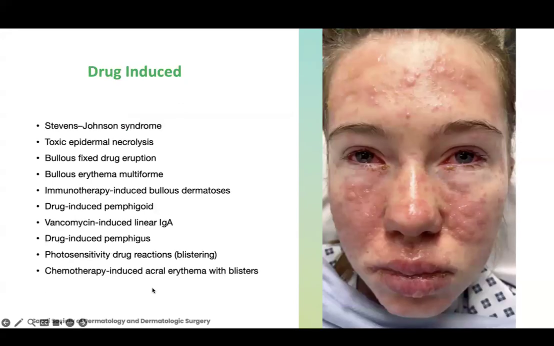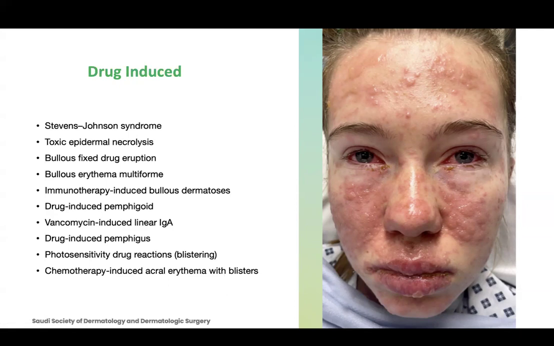There is also drug-induced blistering. The most common and dermatologic emergency one is Stevens-Johnson syndrome and toxic epidermal necrolysis. As you can see here, it involves the face, the whole body presents with blistering and erosions, and also the mucous membranes are usually involved: the eyes, the nasal mucosa, the oral mucosa, and the genital mucosa. And we have also bullous fixed drug eruption.